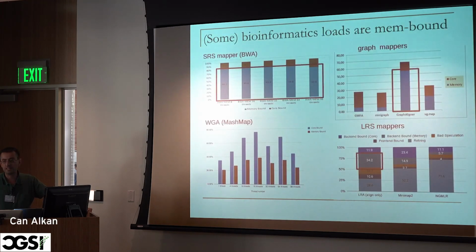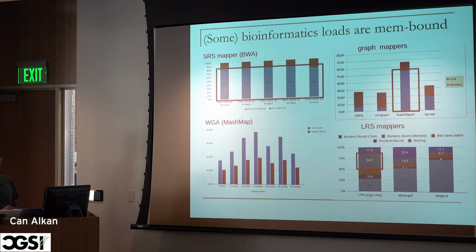I'll just give some very basic overview. As I said, we initially analyzed some of those tools. We see that, for example, BWA-MEM is about 40% memory bound. That is, we are wasting about 40% of our time waiting for the memory for the data transfer.